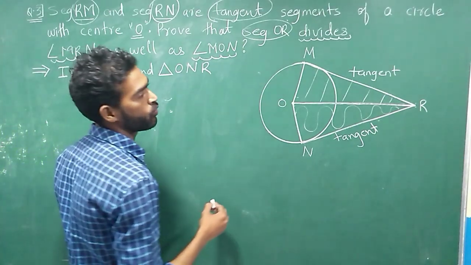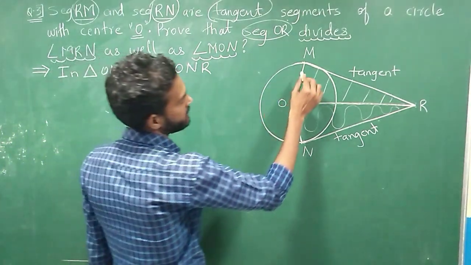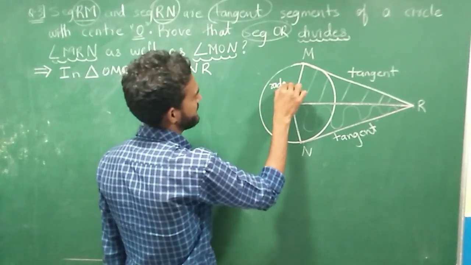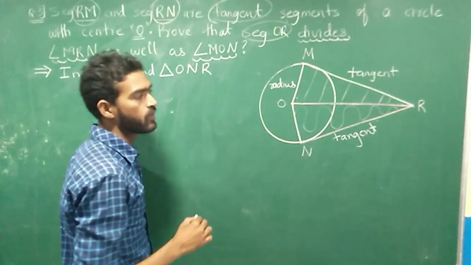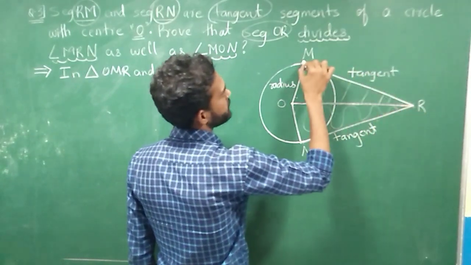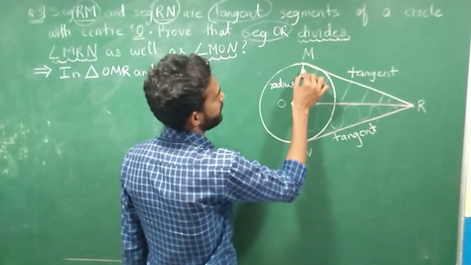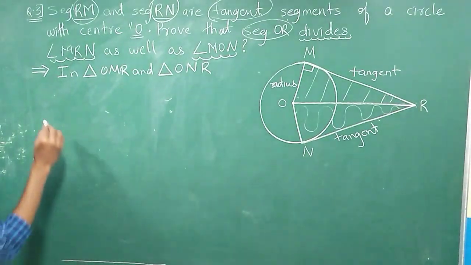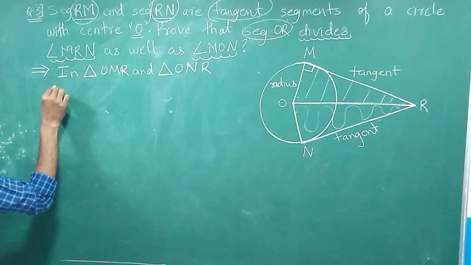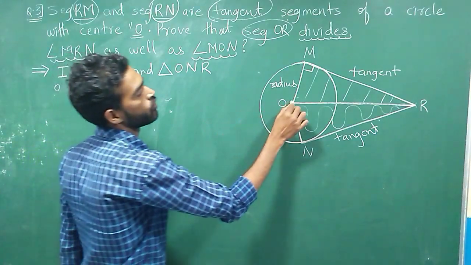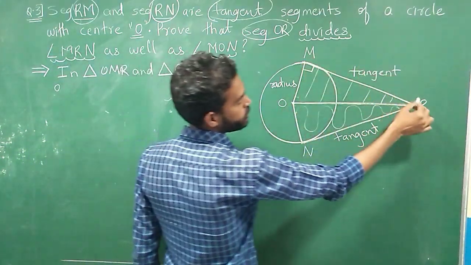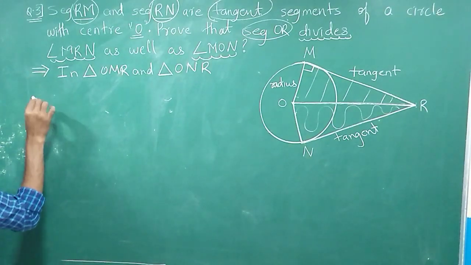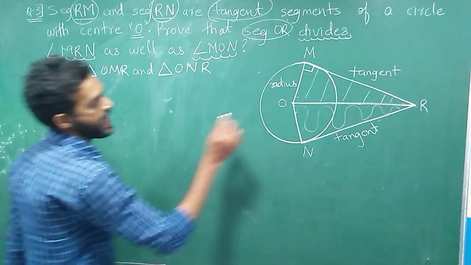Okay, so what do we know? We know that OM is the radius, right? What else do we know? MR is the tangent. So every radius is perpendicular to the tangent. So we can write here, OM is perpendicular to MR. So therefore, what can I say?